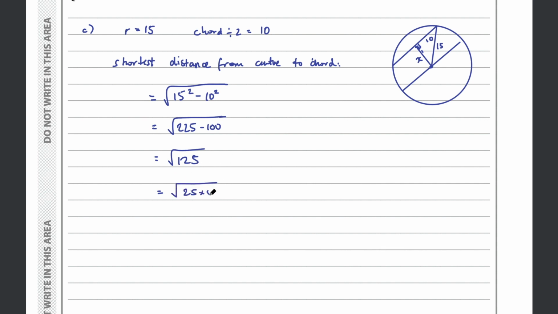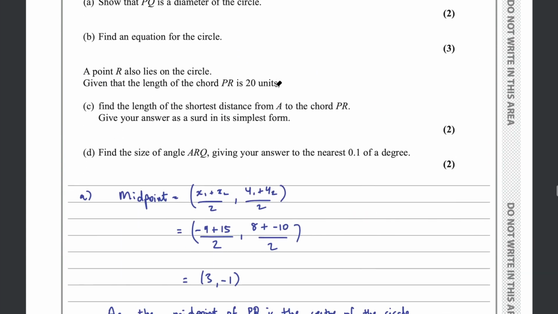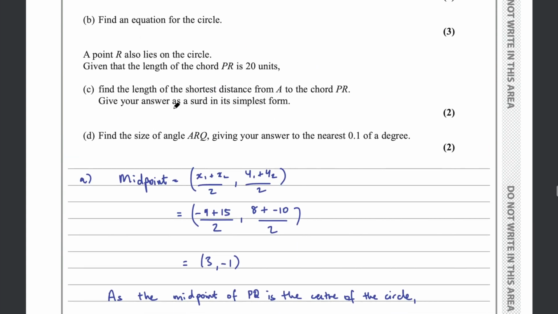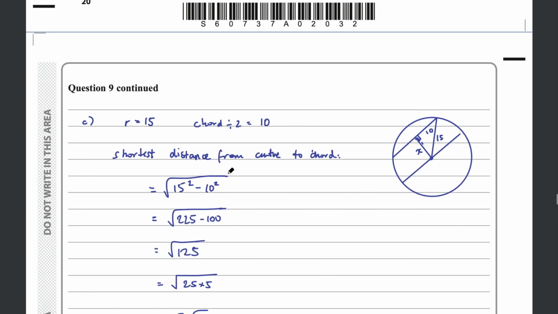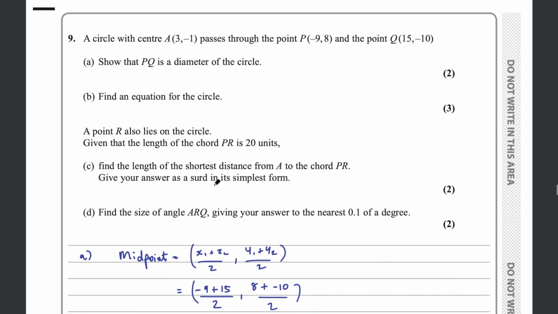The square root of 25 times 5, and the square root of 25 is 5, so this can be written as 5 times the square root of 5. They just said units, so we don't need to include units in our answer. And that is in simplest form. There's no further way we can simplify the square root of 5. So that was part C.